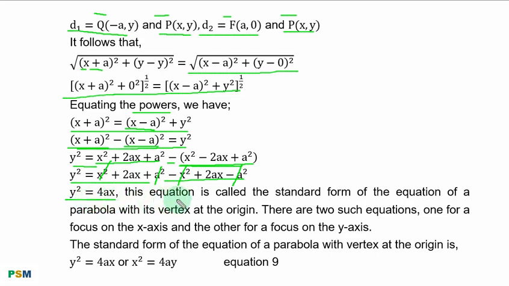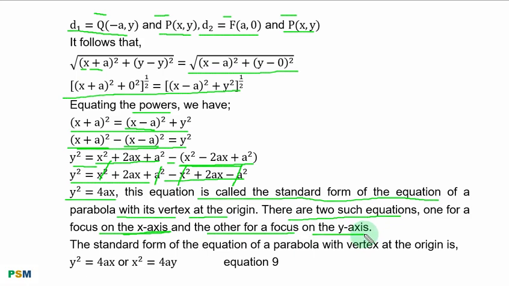This equation is called the standard form of the equation of a parabola with its vertex at the origin, that is 0. There are two such equations, one for a focus on the x-axis and the other for a focus on the y-axis.